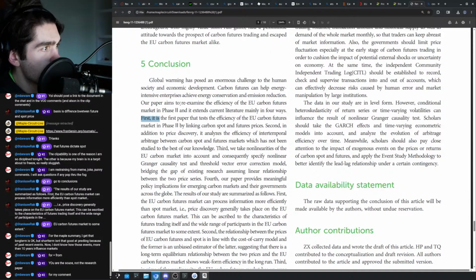First, it is the first paper to test the efficiency of the EU futures market in Phase 2 by linking carbon spot and futures price. Second, in addition to price discovery, it analyzes the efficiency of intertemporal arbitrage between carbon spot and futures market, which has not been studied to the best of our knowledge.